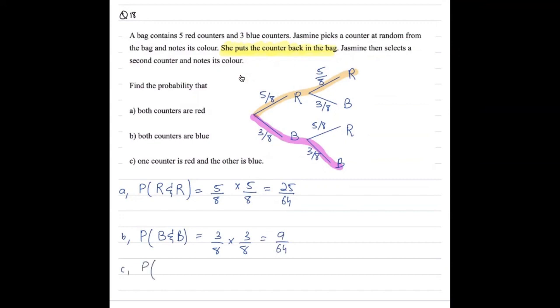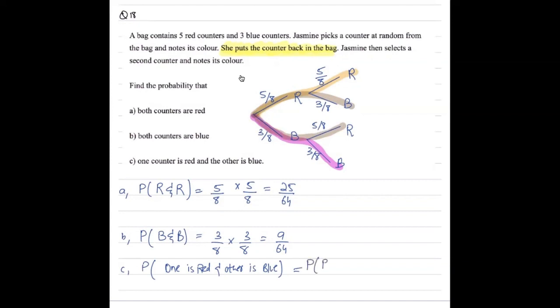What is the probability that one is red and the other is blue? 15 over 64. The possible options are that you can have red and blue, or you can have blue and red. So there are two options.